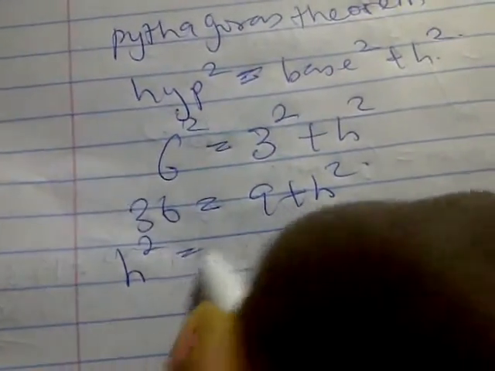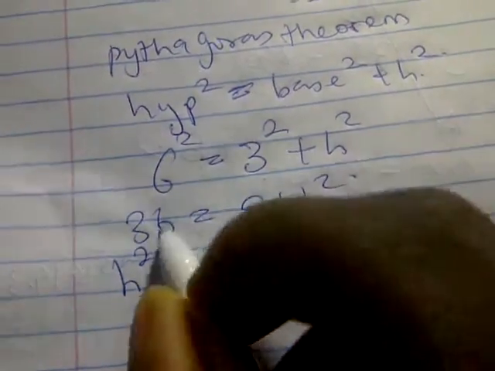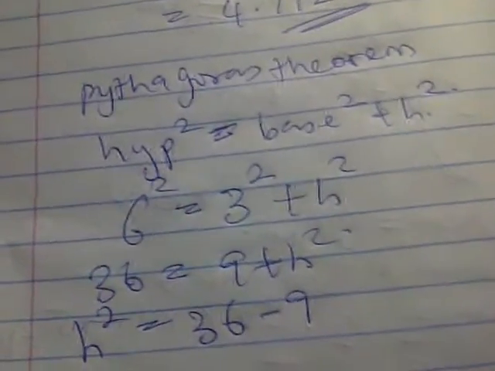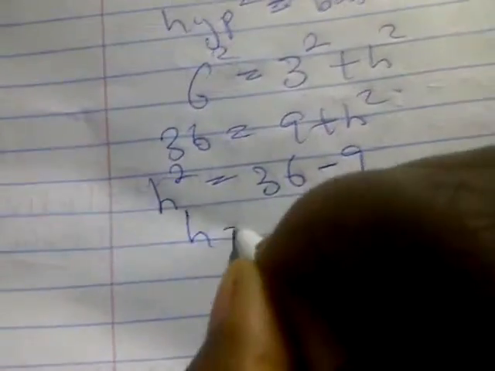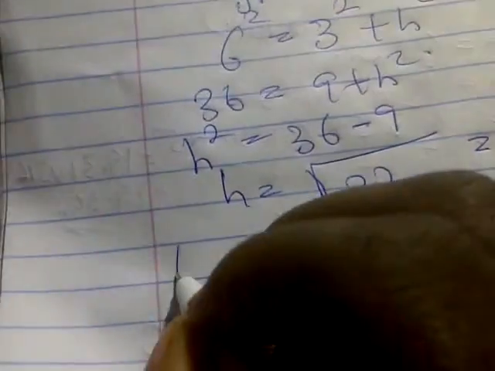So your h squared will be 36 minus 9, since the 9 goes over and becomes minus 9. So your h will now be the square root of 36 minus 9, which is 27. The square root of that should give us 5.196.